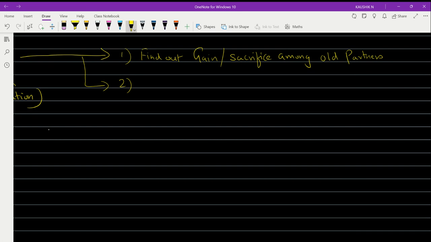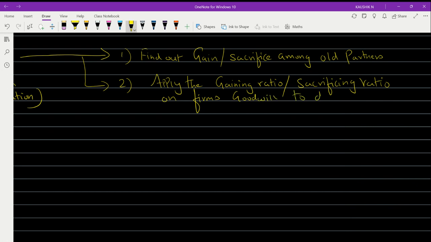Number two, apply the gaining ratio or sacrificing ratio on the firm's goodwill to derive the individual share of goodwill.